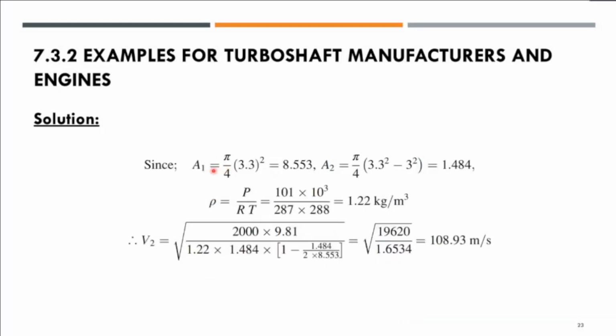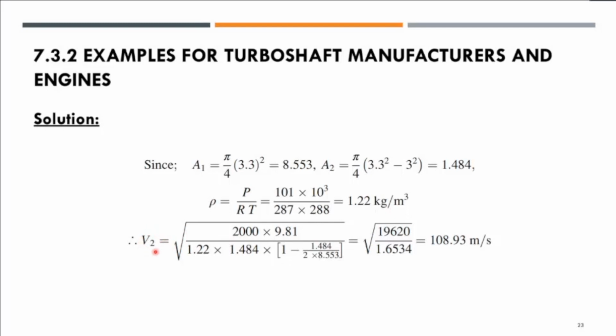In terms of the area A1, we already know A is pi over 4 times 3.3 squared, which gives area 1 as 1.484. Calculating the density of air, P over RT, you get 1.22 kilograms per cubic meter.